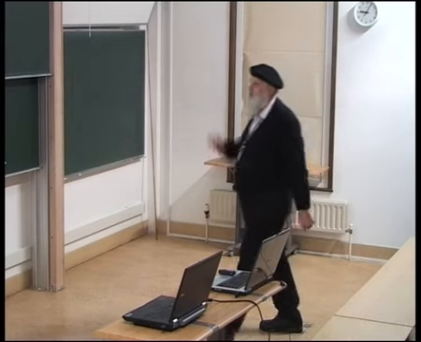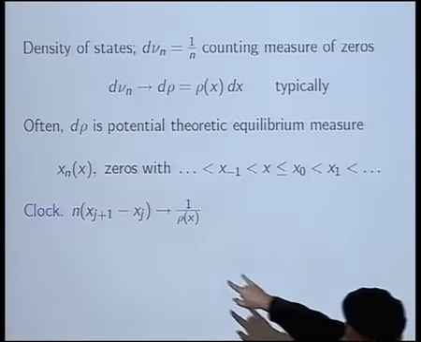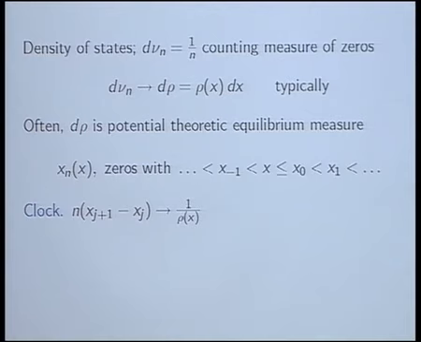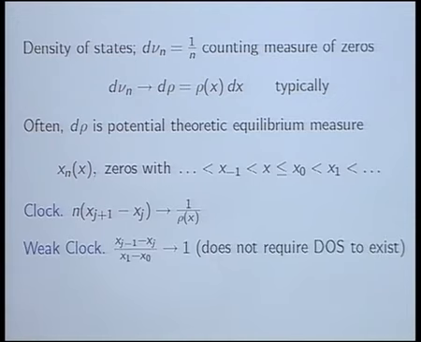And by clock behavior, I mean that the spacing between zeros, when n is large, goes like 1 over n. And at least if this is strong enough convergence for the density to work out right, it has to go like 1 over this density rho of x times n.